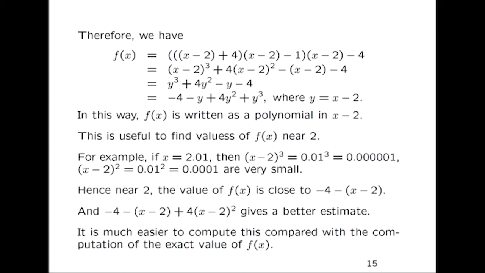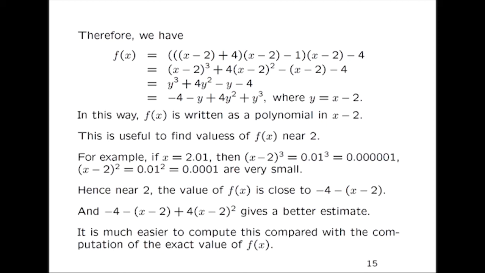So, and you have a polynomial in y that is x minus 2, okay? So we can say that hence near 2, the value of f of x is very close to minus 4, or we can also say that minus 4 minus x minus 2, that is over there. Okay? And if you want a more precise or close approximation, then this up to the second power gives a better estimate.